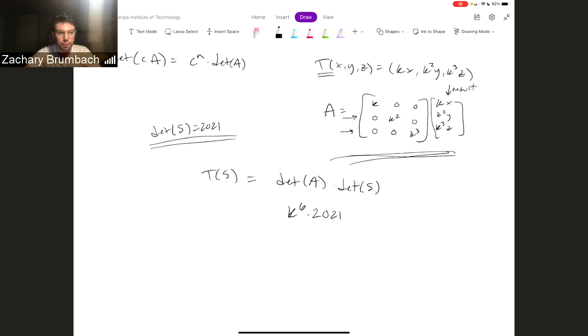Again, this is 6b. So for II, an eigenvalue of A is a scalar lambda such that A minus lambda I is not invertible. That is the same statement as the first one. And now we'll skip to IV.